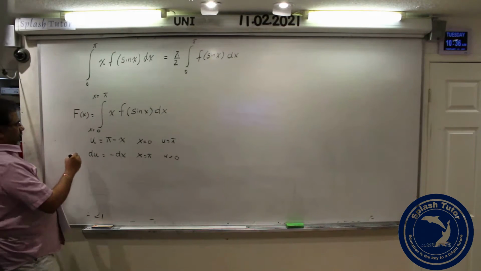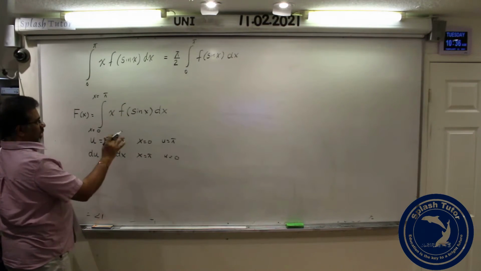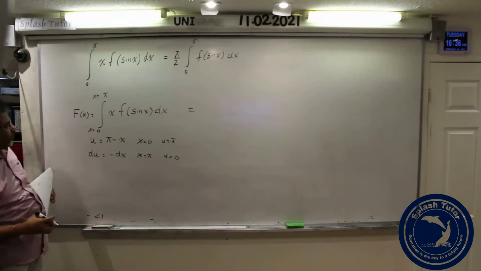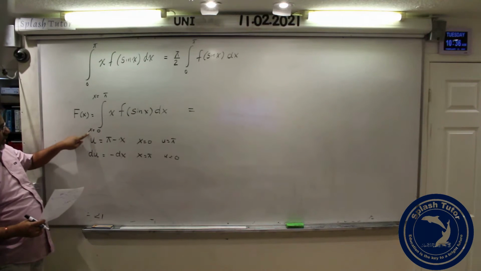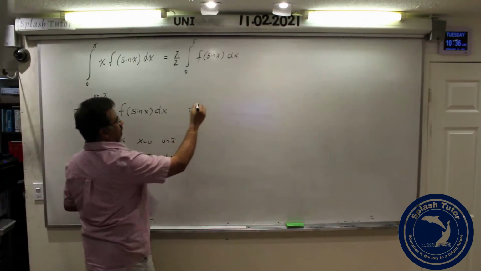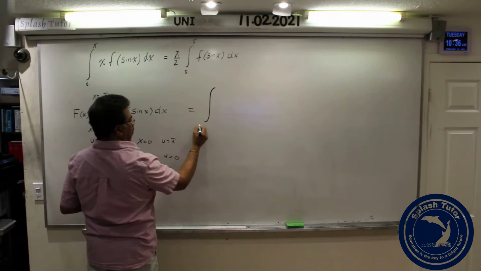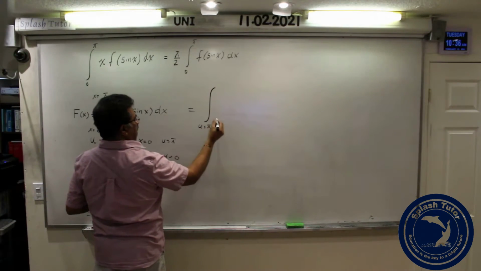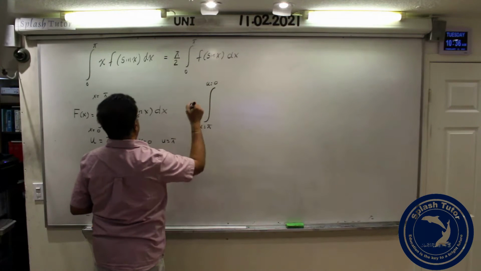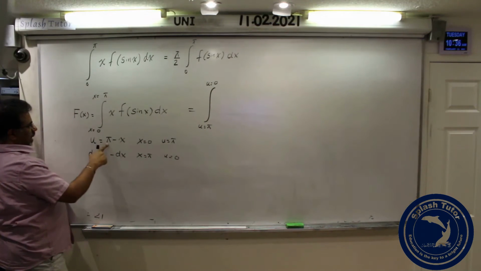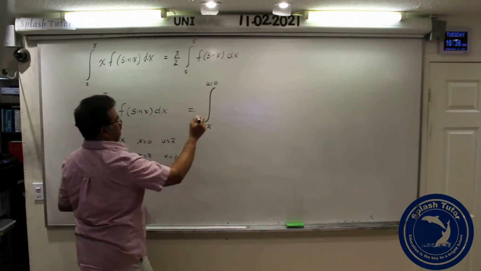Now let's work this out, and we are going to substitute everything here. Now instead of x equal to 0, I need to write u is equal to pi to u is equal to 0. And x, if you plug in, is pi minus u.